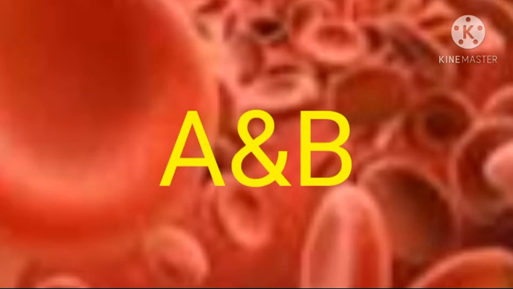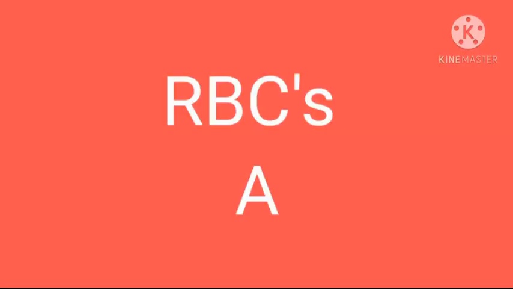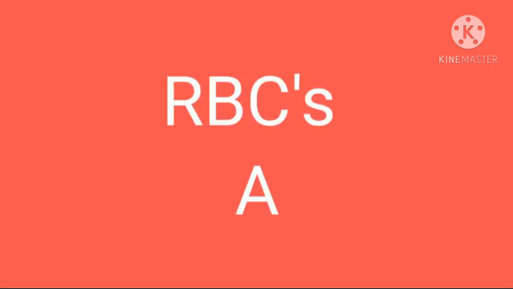So how are the blood groups differentiated into four types? A person's blood group is A if the antigen present on his RBCs is the A antigen.